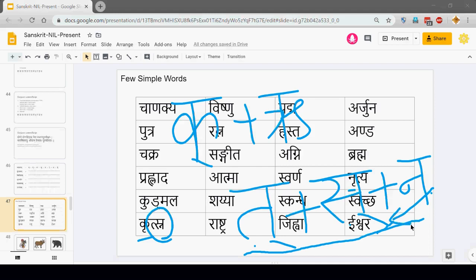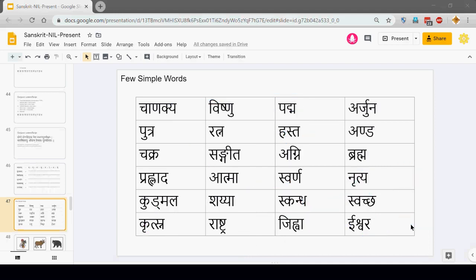Krutsa, and na is pronounced immediately after sa. Krutsna means complete, full, entire. Okay, next one.